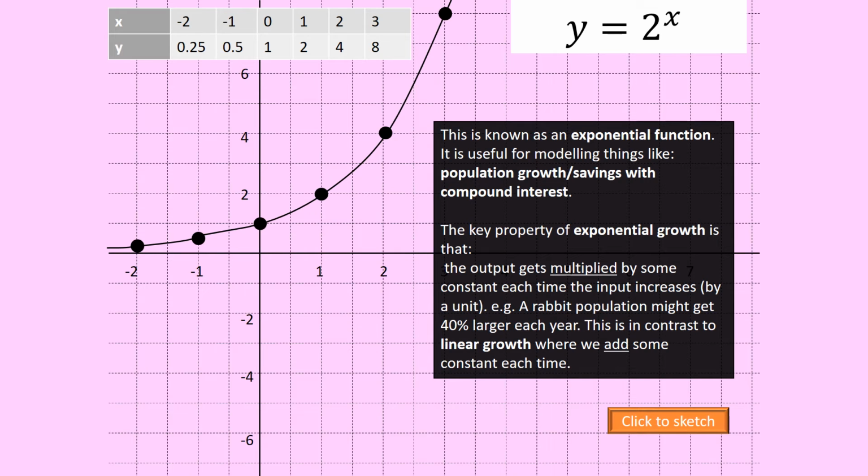For example, with a rabbit population, it might get 40% larger each year. This is in contrast to linear growth, which would look like a straight line where we add some constant each time. This time, our output's getting multiplied by a constant each time.